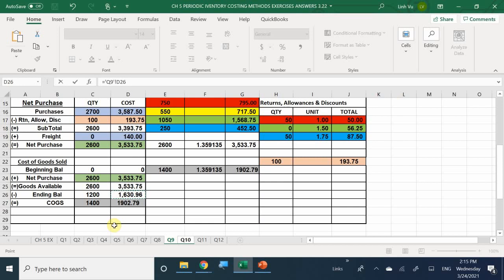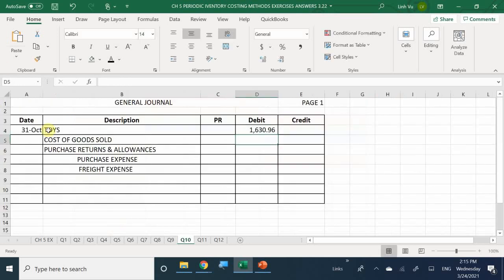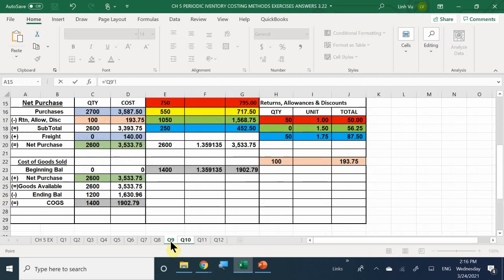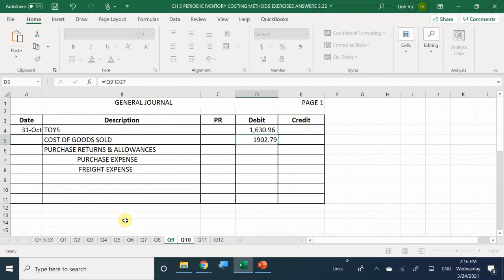So what's my ending inventory once again? 1630.96. What was my total cost of goods sold? 1902.79. Perfect.